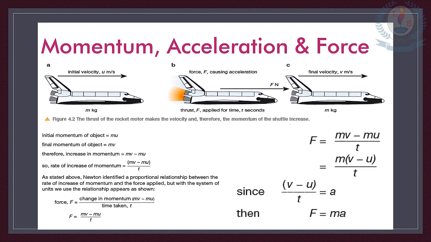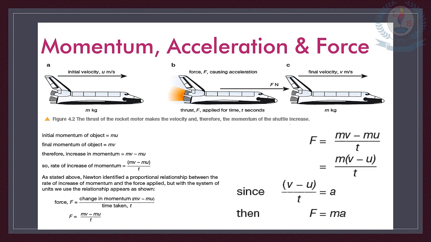Now we can find the rate of change in momentum by dividing the change in momentum by time, which is (mv minus mu) over t. From this, Newton identified a proportional relationship between the rate of change of momentum and the force applied. So we can take the equation as F equals (mv minus mu) over t.